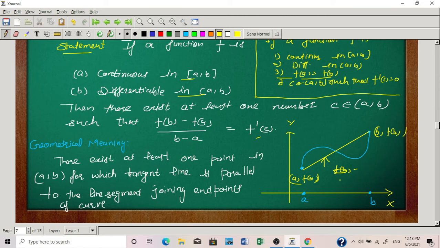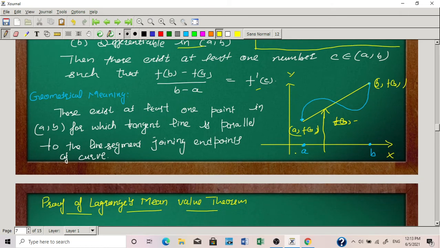So the slope of this line is (f(b) - f(a))/(b - a). The left hand side of this equation is simply the slope of this line. Now what we are saying here is that there exists at least one c belonging to this interval where the tangent line to this curve is parallel to the line joining these endpoints.